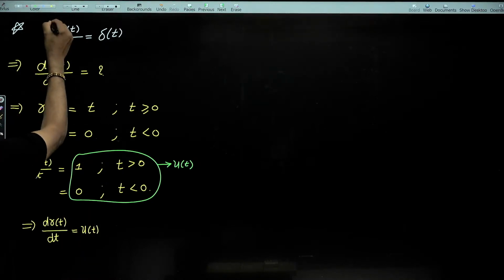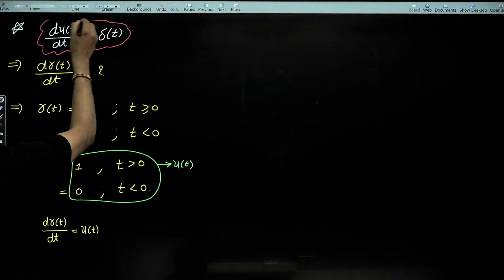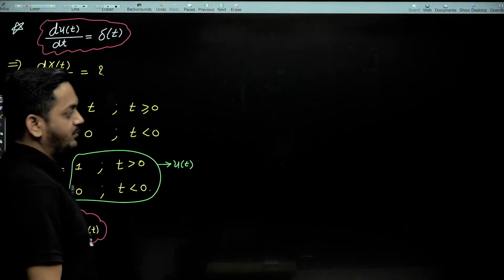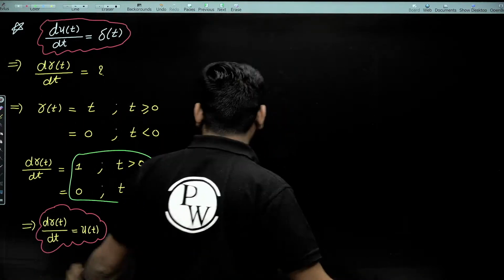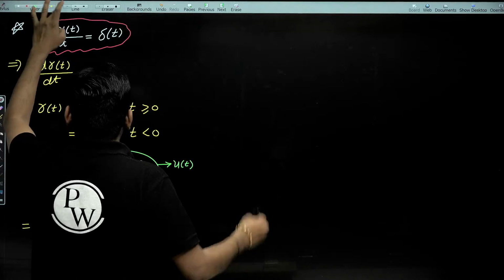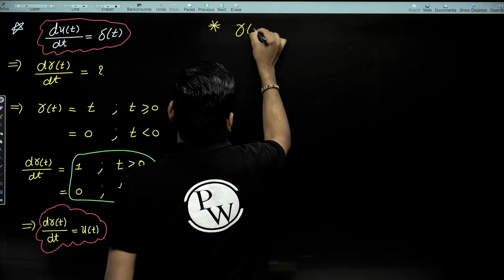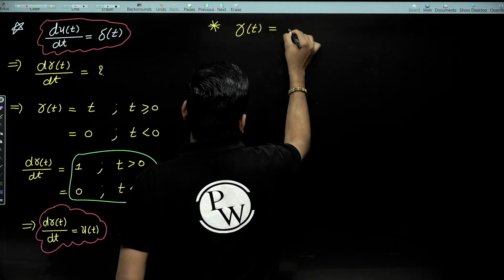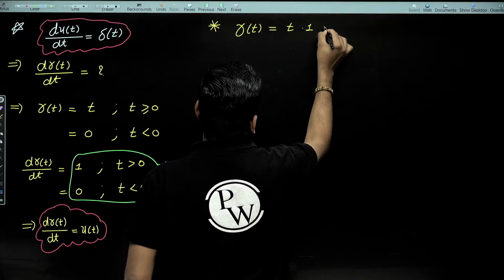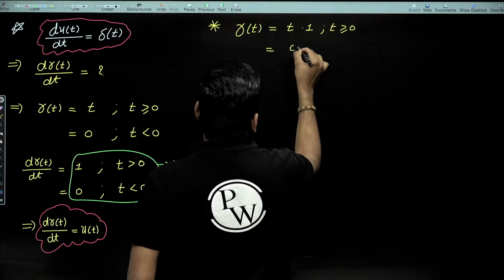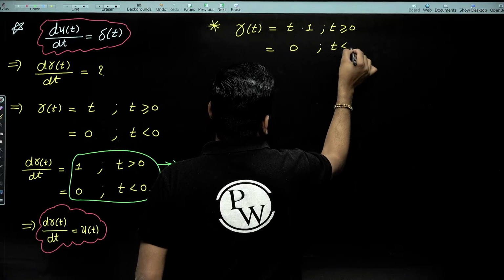Okay. So you have to write this in short notes. And also, the first order differentiation of the unit ramp function is the unit step function. One more way, guys: you can write the ramp function using the step function also. r of t equal to t for t greater than or equal to 0, and it is 0 for t less than 0.